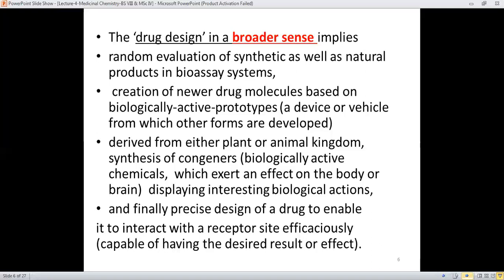And the receptor site, efficaciously, means capable of showing or imparting the desired results or effect. Like I have synthesized a drug, which I have reported, and these molecules must show antifungal activity.